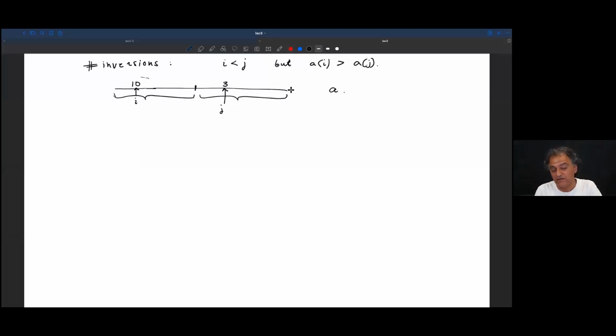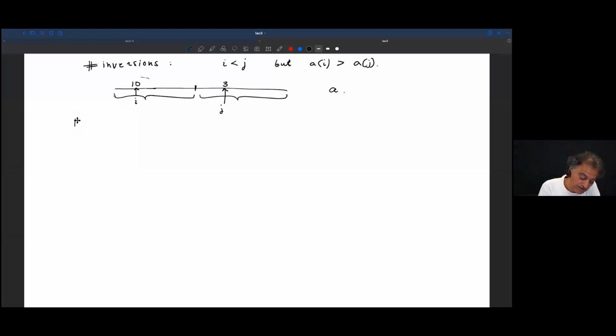This is where it would be helpful if, in our recursive calls, not only did we figure out the number of inversions on the left and the right, but we also sorted those lists.